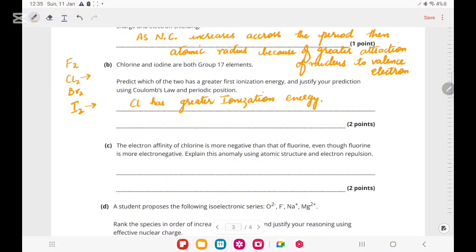So chlorine has greater ionization energy as it has fewer electron shells.